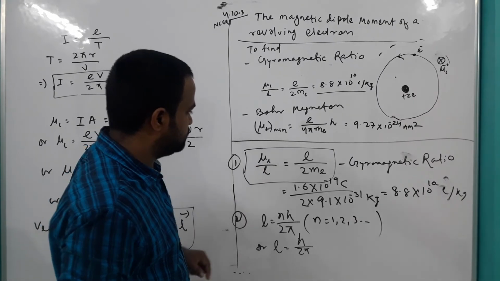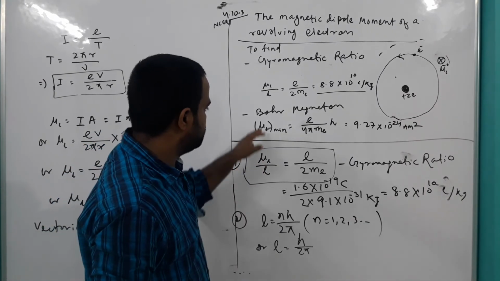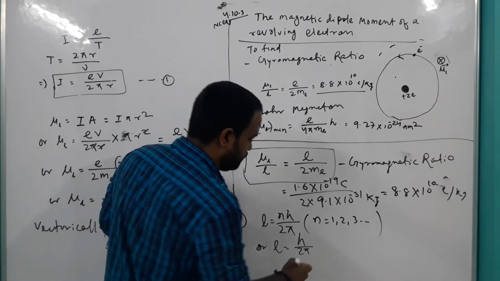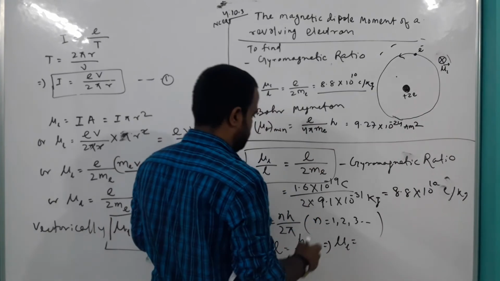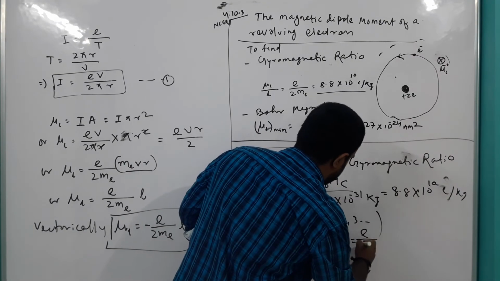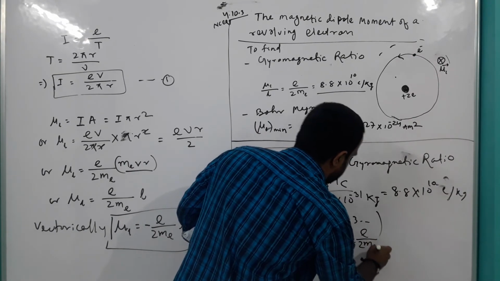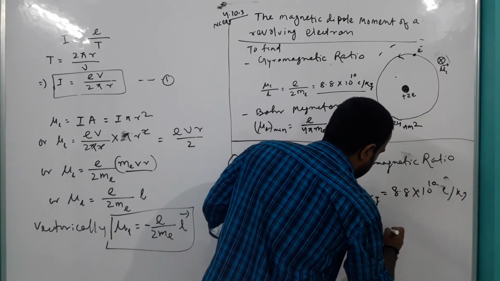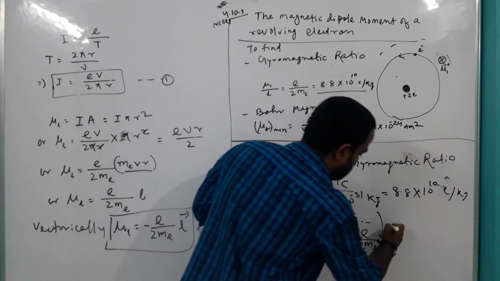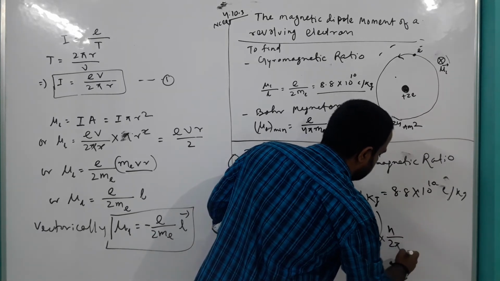Putting it in this equation, your mu L will be e by 2me into h upon 2 pi.